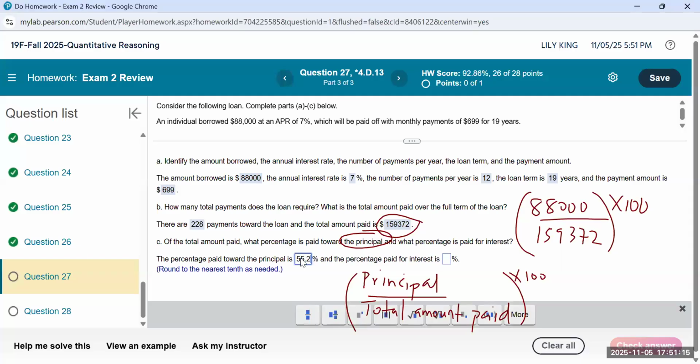And since we know this percent, we can find the other percent by subtracting from 100. So the percentage paid for the interest is 100 minus 55.2, and this gives 44.8%. The principal plus the interest is the whole percentage. So if you know the percentage paid towards the principal, you can find the percentage paid towards the interest by subtracting from 100.